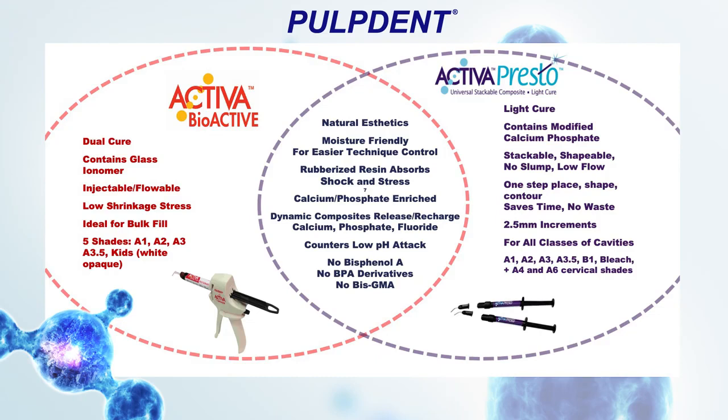So to me, this is really the new hybrid sandwich technique, where on a larger composite restoration, or a restoration where you would consider a bulk fill composite, a bioactive restorative dentin material such as ACTIVA, and an enamel layer with Presto, where aesthetics is concerned, makes to me the best of both worlds.